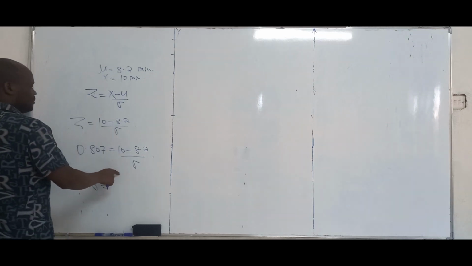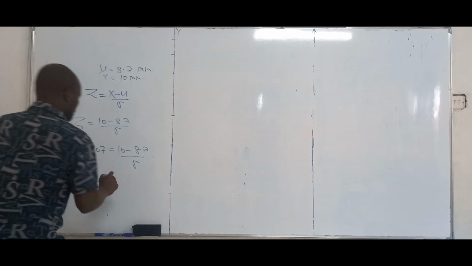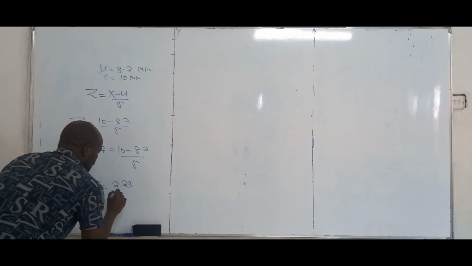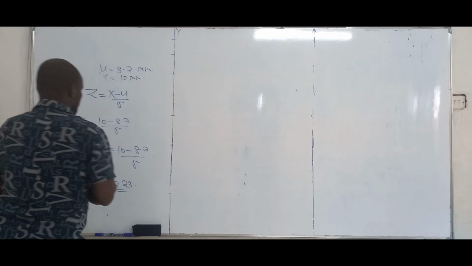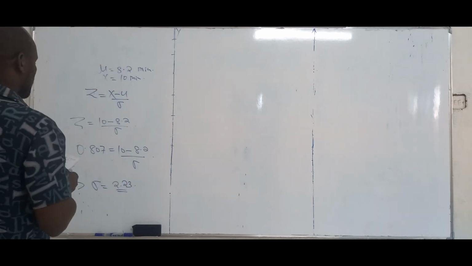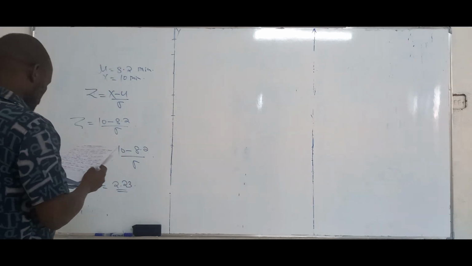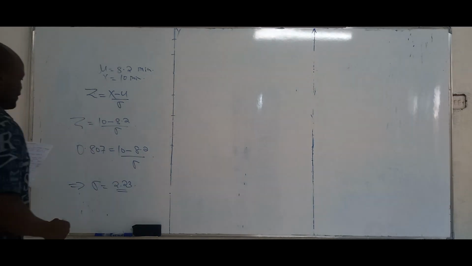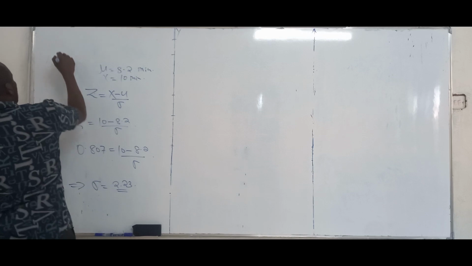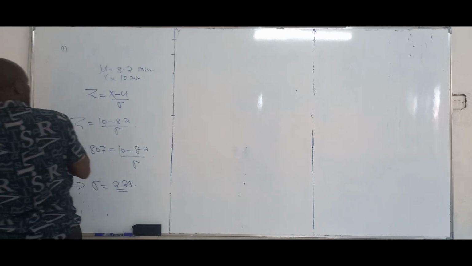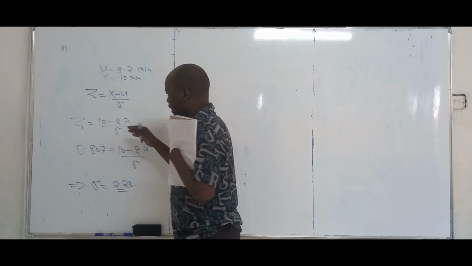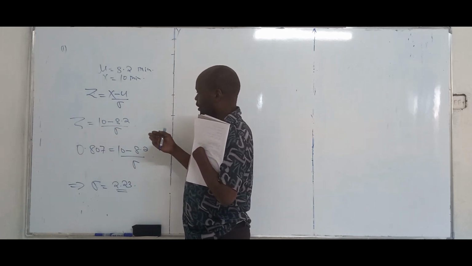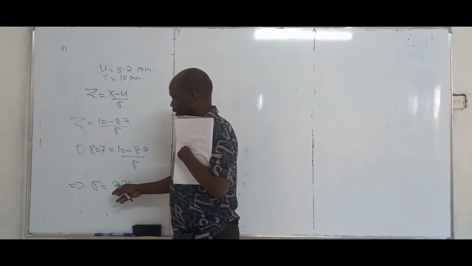If we make this the subject, that is supposed to give us a standard deviation of 2.23. That's what we should have. Then, that being Roman 1, one thing we need to note is how to read the value of Z using the corresponding value of probability. Once we have that, then equate and get that.